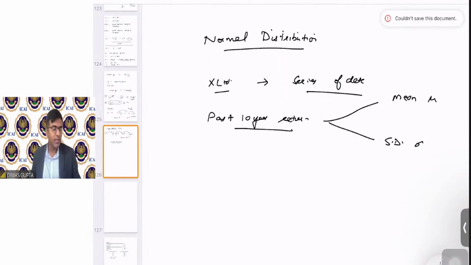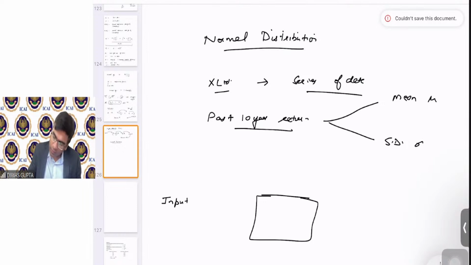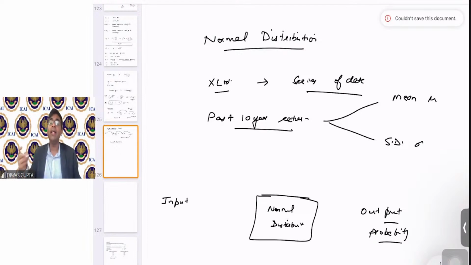Now, using this mean and standard deviation as an input, you can put it into the normal distribution model and arrive at the output as probability. So ND2 is the probability, right? So normal distribution is giving you output as a probability.